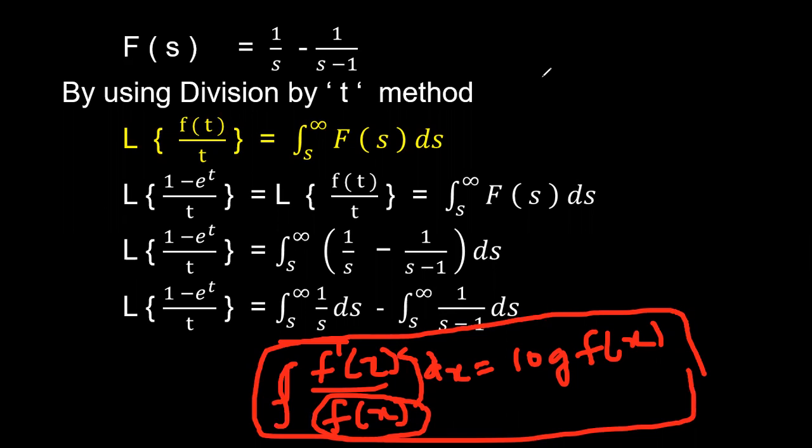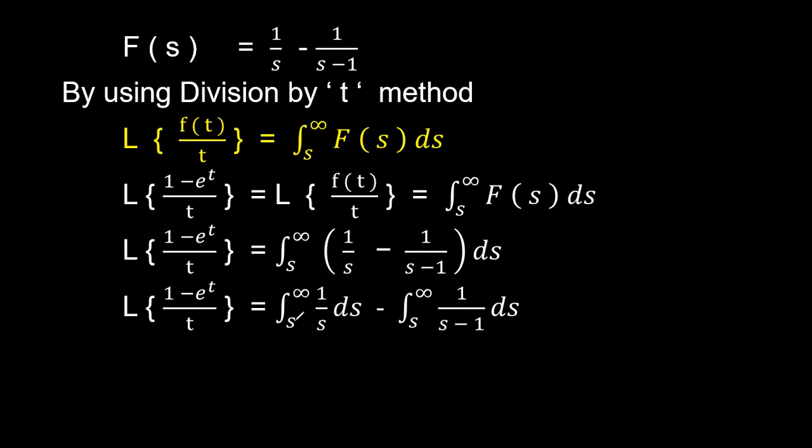If you see carefully in this equation, if you apply this integration 1 by s into ds, the denominator will be s. Here, in place of x we have s, so we have to differentiate with respect to s. So f of s is equal to s.